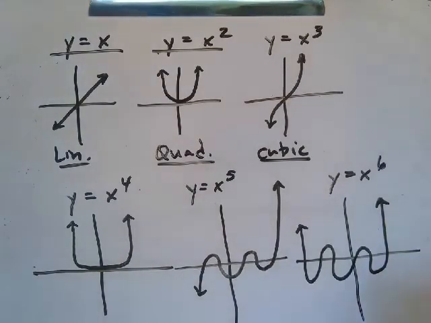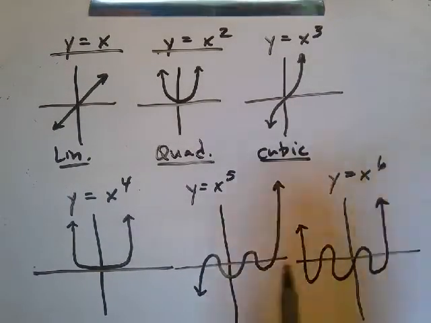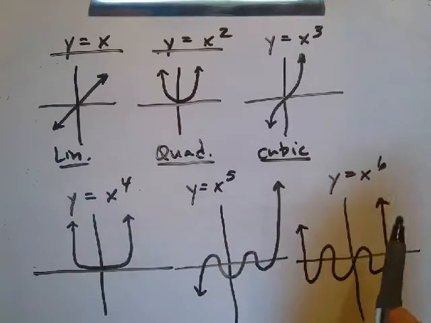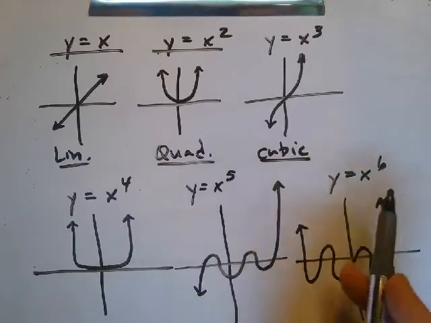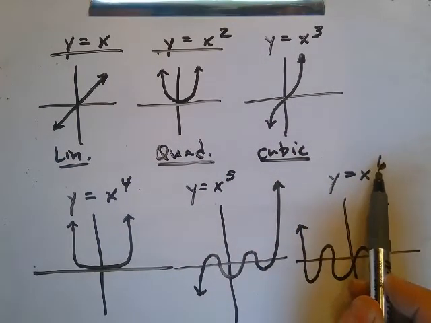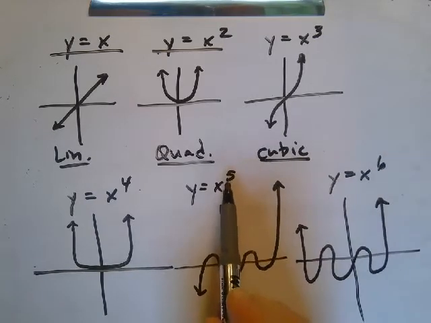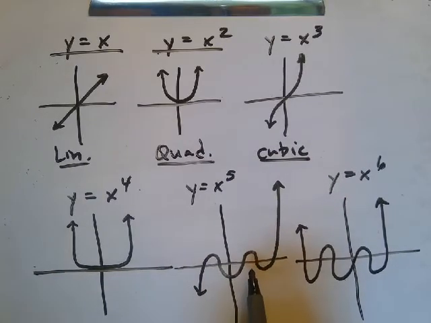And what we're going to do in this chapter is help you to recognize patterns so that you can look at a graph and kind of predict what the polynomial would be, or look at the polynomial and kind of predict what the graph would be.